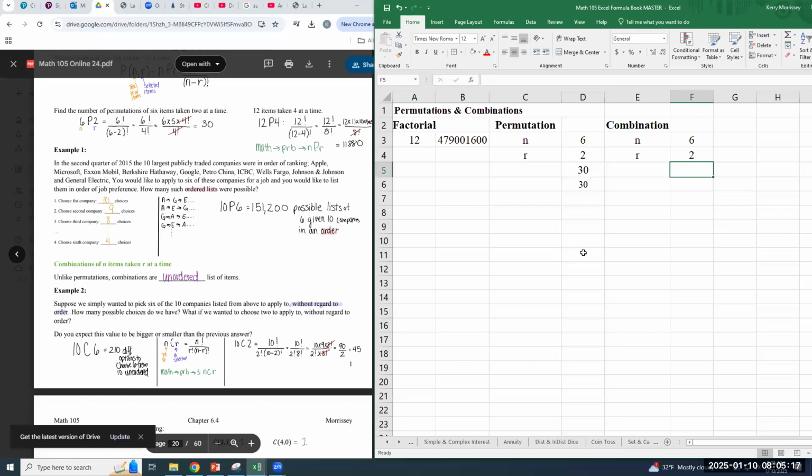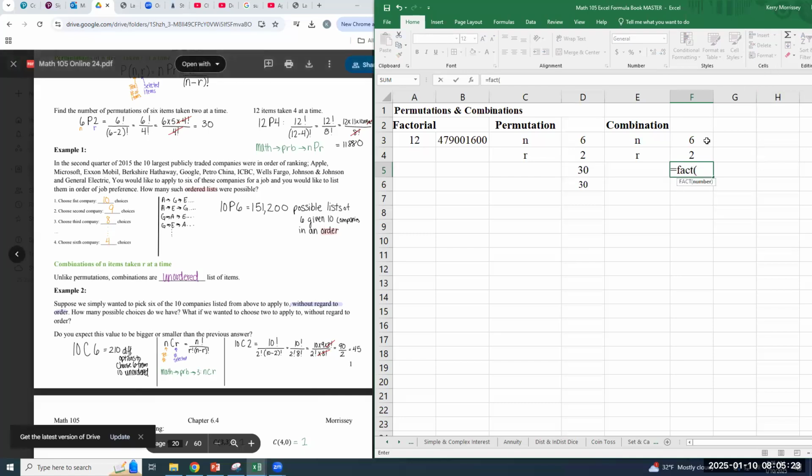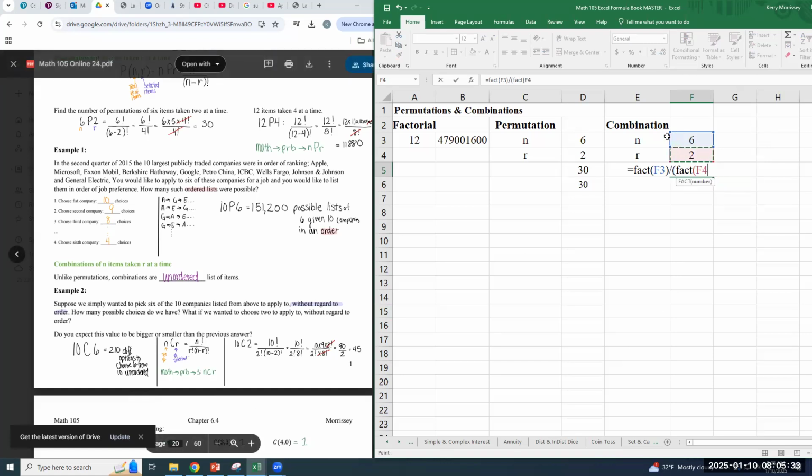We could do the same thing with the equation: factorial of n divided by r factorial, and I'm going to do an extra parentheses to start, r factorial times another factorial of n minus r.